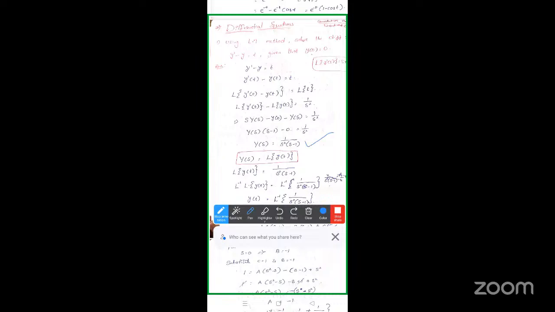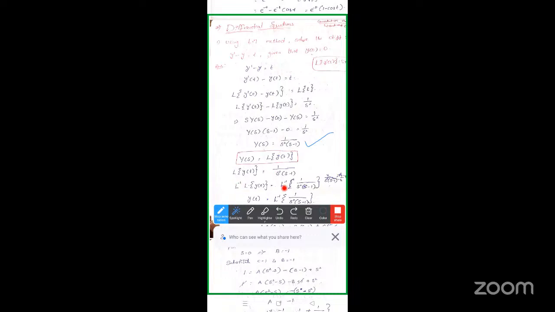Therefore, y of s is equals to 1 by s square into s minus 1. But y of s is equals to L of y of t, so L of y of t is equals to 1 by s square into s minus 1.